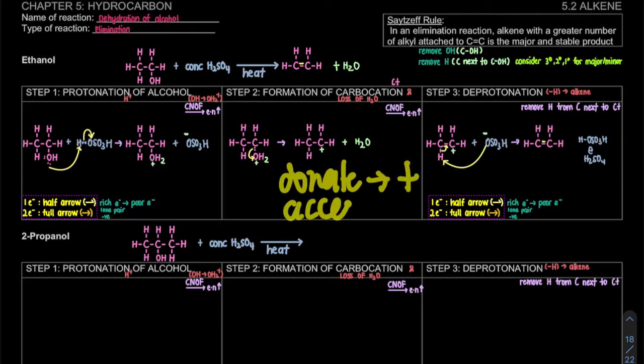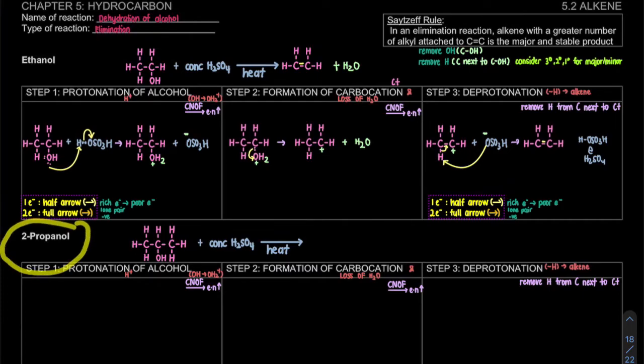If it accept electron, it will become a negatively charged. Okay? So again, if you are unsure, you can look at the time step and check lah which step you are not comfortable with. Okay, next step is actually what I'm going to do is for the 2-propanol. Again, yang ini Miss akan buat fast forward. And ada some background music, but then you can check it yourself lah after you have tried yourself. Okay?